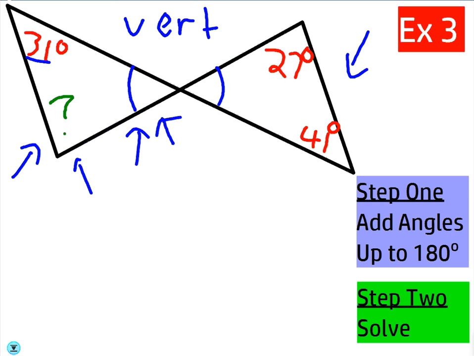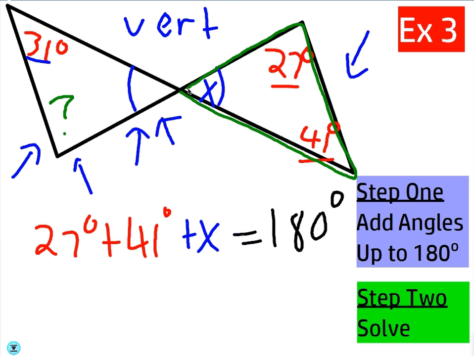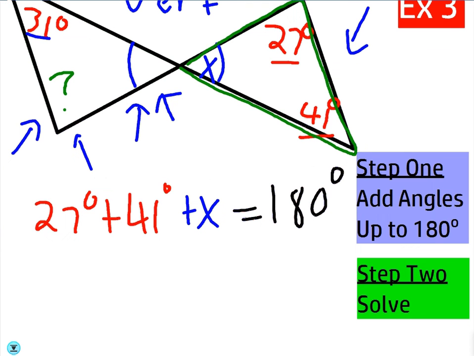So I'm going to take this angle plus this angle. And then I'll call this angle x right here. If I add x, that's going to be equal to 180. Okay, so I'm focusing on this triangle right now. Once I solve for x, then basically I can say that's the same thing as that and then create a separate problem.